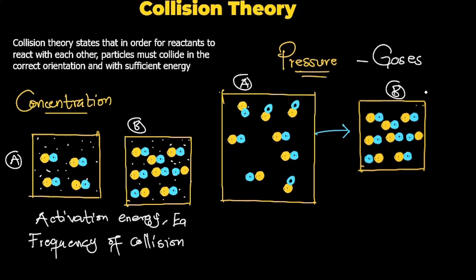And if pressure has been increased, then that means that we are going to have a high frequency of collision. High frequency of collision will lead towards possibly us having more effective collisions. And effective collision will lead to what? Formation of more products. So that is how pressure and concentration affect the formation of products or rates of reaction.